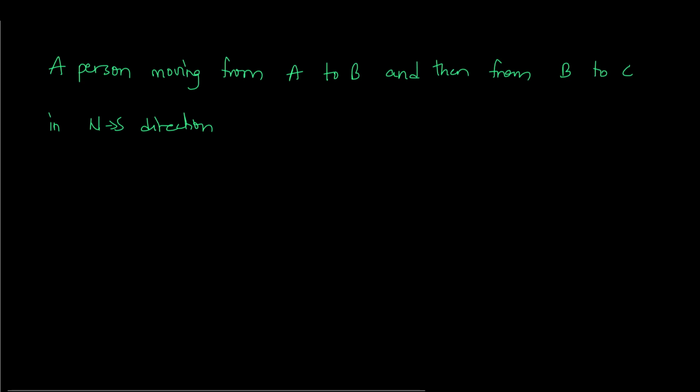Let us consider our own data where the object has to move from A to B and B to C. As this is our north and this is our south, it is coming from north to south. Say this is 10 meters, 20 meters, it has done this in 1 second and this in 2 seconds.